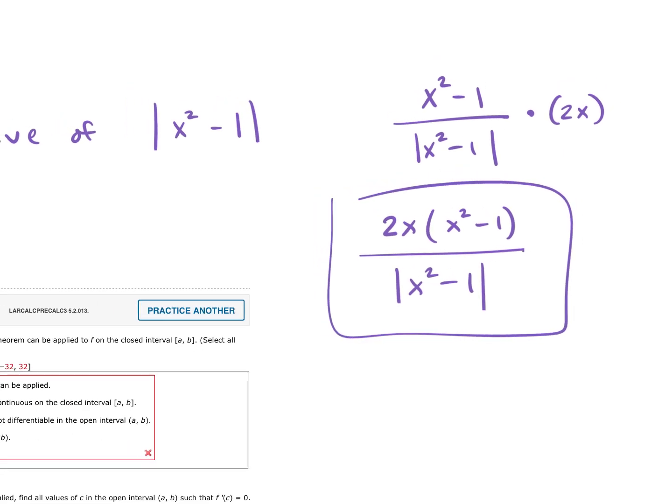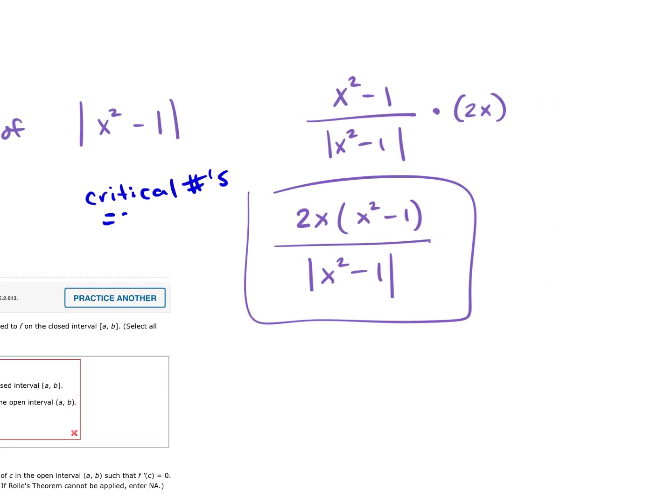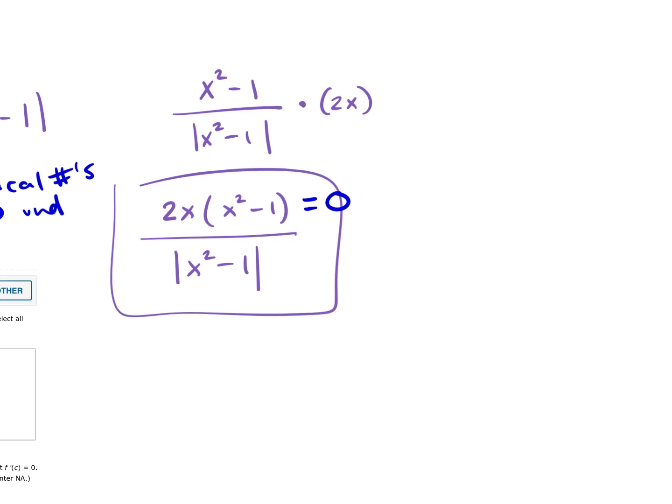How would we find our critical numbers here? This is a good one. Critical numbers, we set it equal to 0 and find where it's undefined. So to set it equal to 0, which part would we need to set equal to 0? The numerator. So our critical numbers would be 0 and what else?